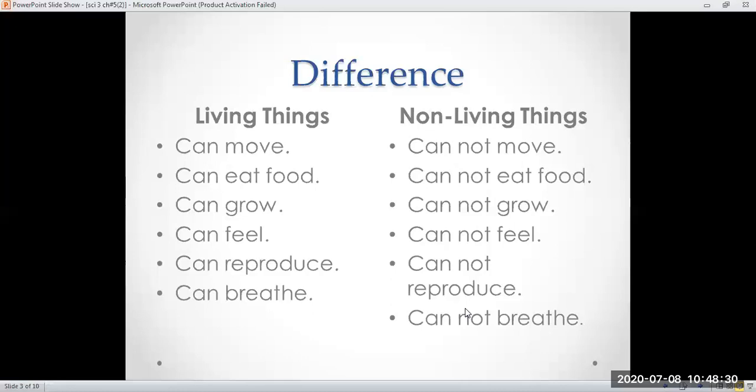So the next quality of living things is that living things eat food. But on the contrary, students, there is a little disturbance in the net. I am going to reconnect it again.